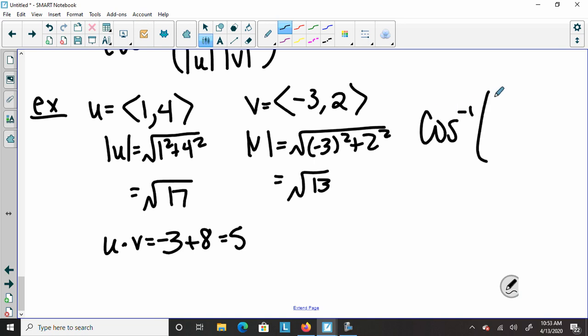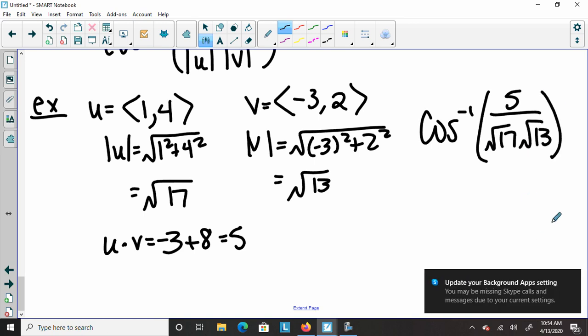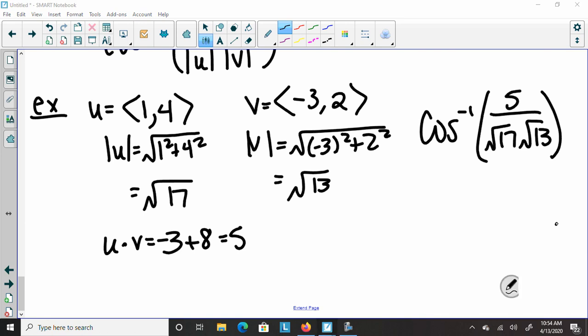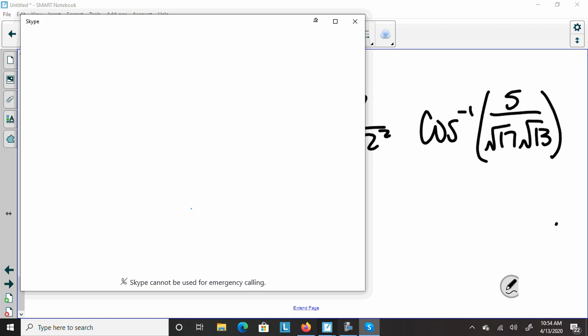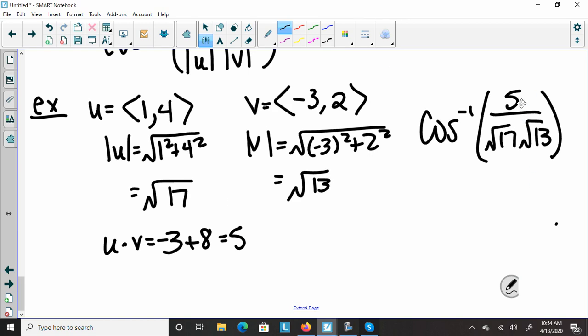Inverse cosine, 5 over the square root of 17 times the square root of 13. If you're putting this in the calculator, do the fraction mode, or if you're not, you're doing the divide by signs, you'll put parentheses around the bottom part.